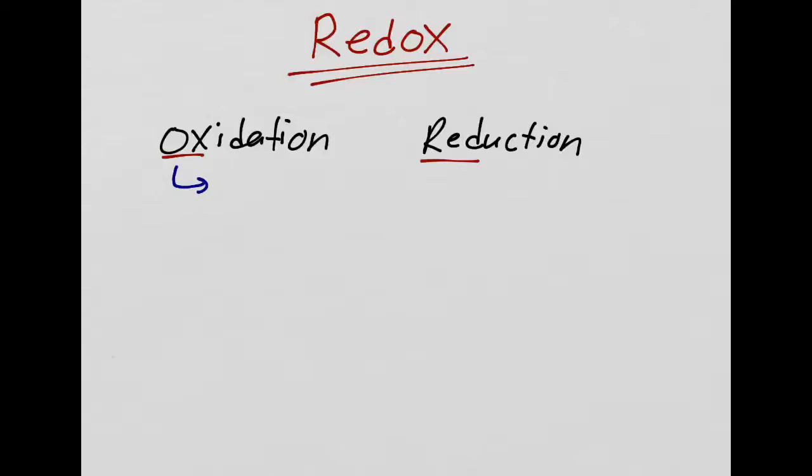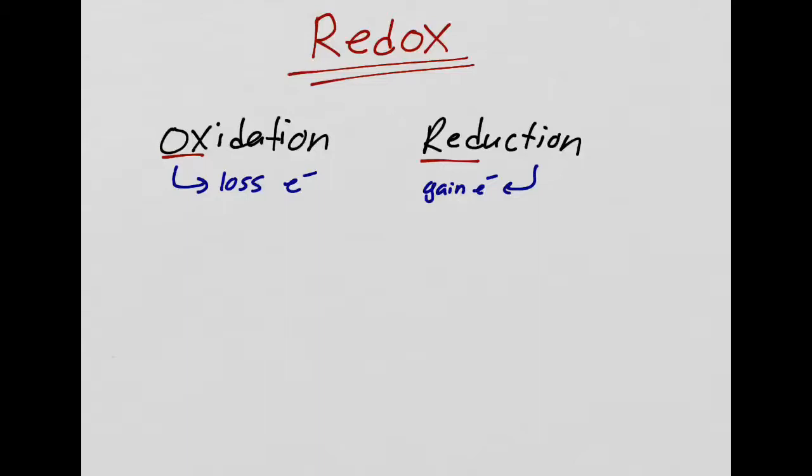Now, what is oxidation? Oxidation is loss of electron. And reduction, you can probably guess, is gain of electron. So redox is a movement of electron, a transfer of electron. And because of that, the charges will change. Because if you remember, when you gain or lose electron, the charges change, right?